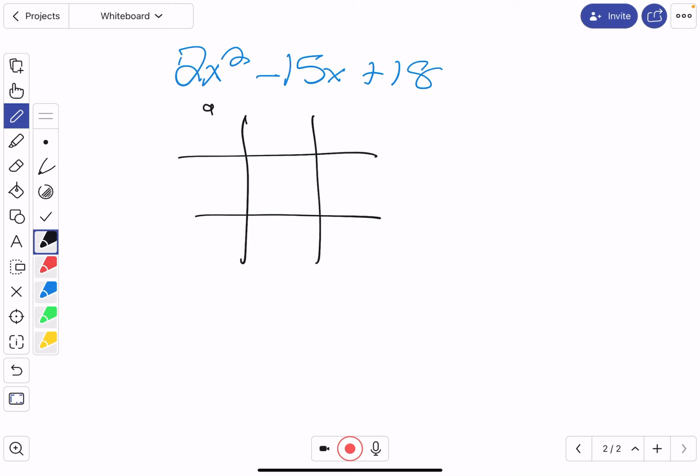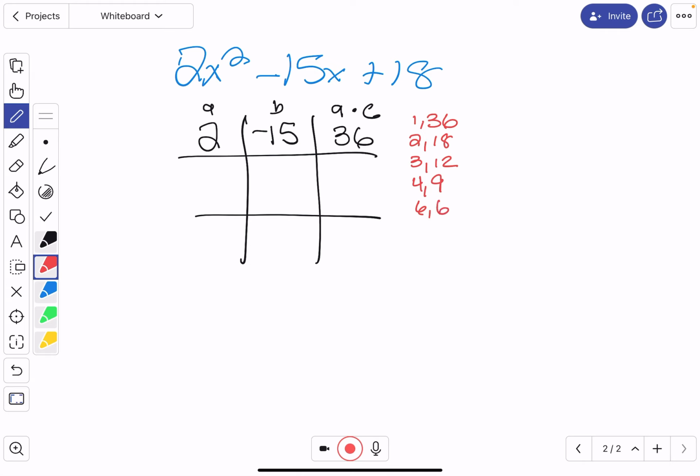Remember, a goes here, b goes here, and a times c goes here. Now we need the factors of 36. It's positive, so 1 and 36, 2 and 18, 3 and 12, 4 and 9, 6 and 6. We want them to add up to negative 15.